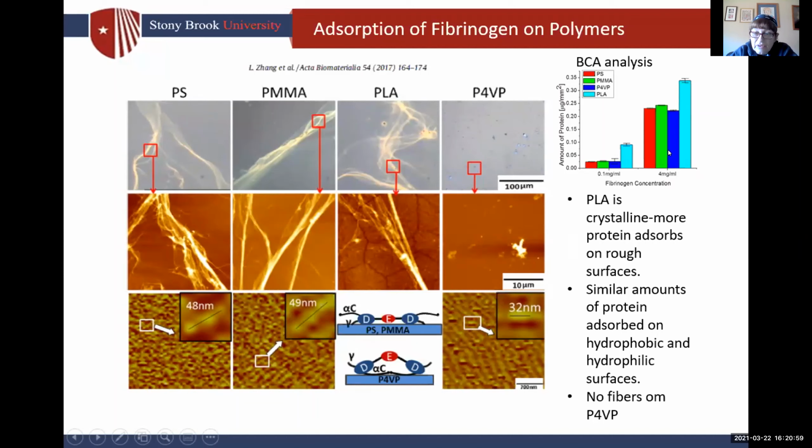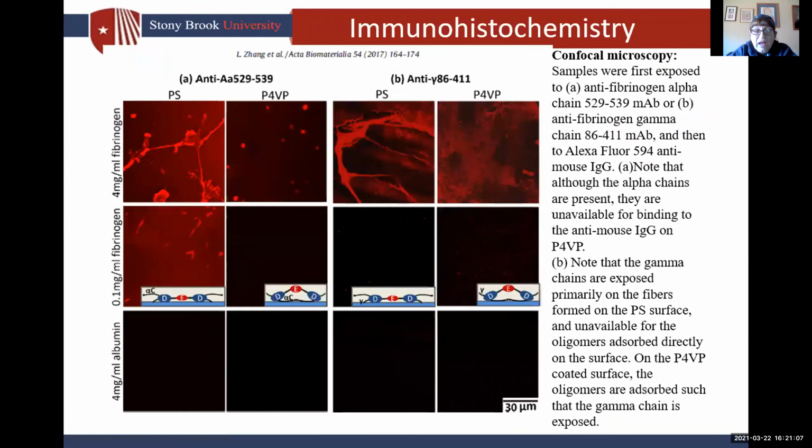BCA analysis showed that you have plenty of fibrinogen adsorbed even to the PVP surface. Just the fibers cannot initiate unless those domains are free. And here, if you have antibodies against those domains, you see that on the P4VP, lots of domains on the first layer. On the PS, you see them on the fibers because the fibers have the alpha C domains free.